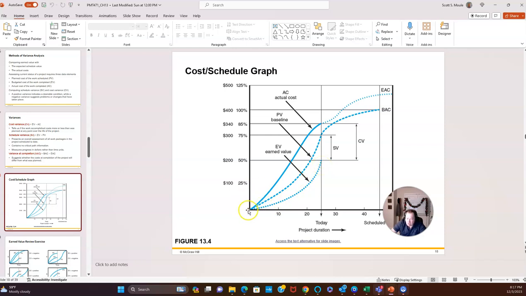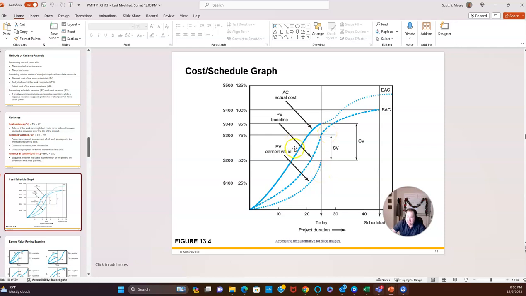So if I look at this chart, this tells me, well, after 25 days, I've only delivered $200 worth of my deliverables, and I really thought I was going to be delivering $300 worth of my deliverables. So just by looking at this, I'm not delivering what I thought I would at this time. So, from a schedule perspective, I'm behind schedule.